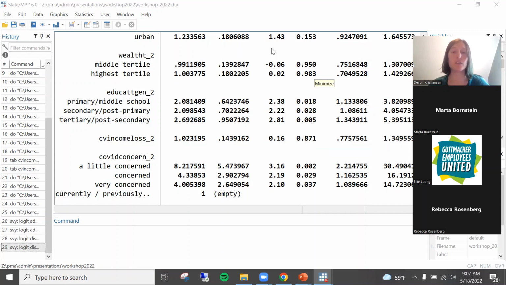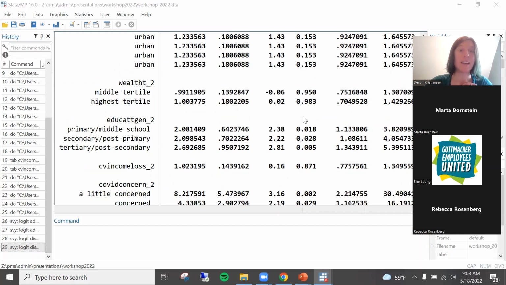Okay, full disclosure, I'm an economist and I'm not a PhD, but my understanding is that we are adjusting the standard errors according to both the primary sampling unit and the strata. So my understanding is that we are using clustered standard errors.